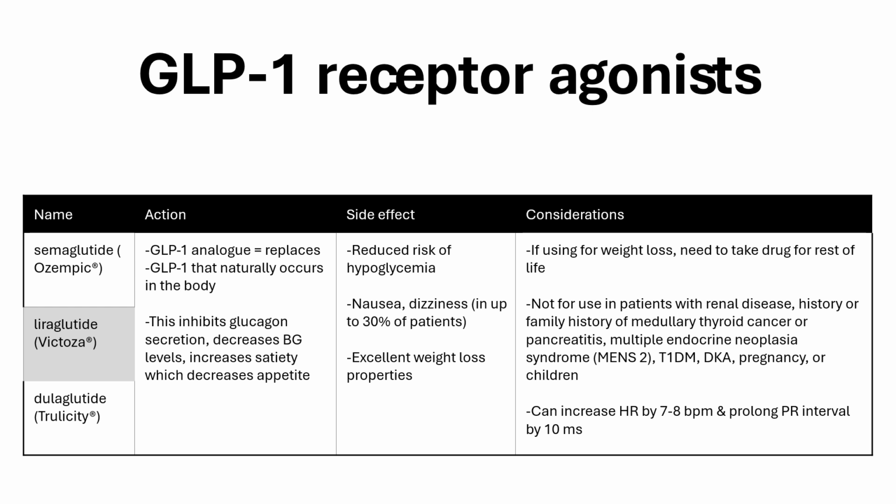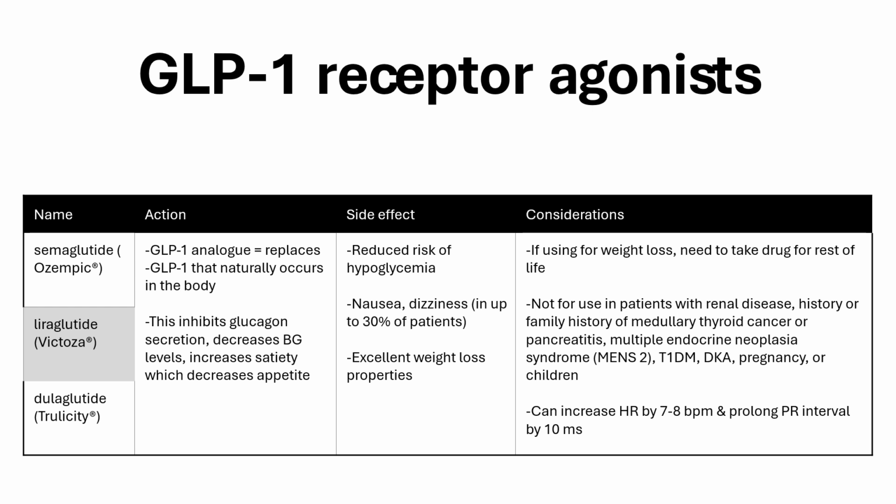If a person does not have enough GLP-1, then that message never gets to where it needs to go in the pancreas as well as in the brain. So what the drug does is it inhibits glucagon secretion, which is extra sugar, into the bloodstream. It decreases glucose levels, and it increases the satiety level, meaning they feel full faster, so that will decrease their appetite.